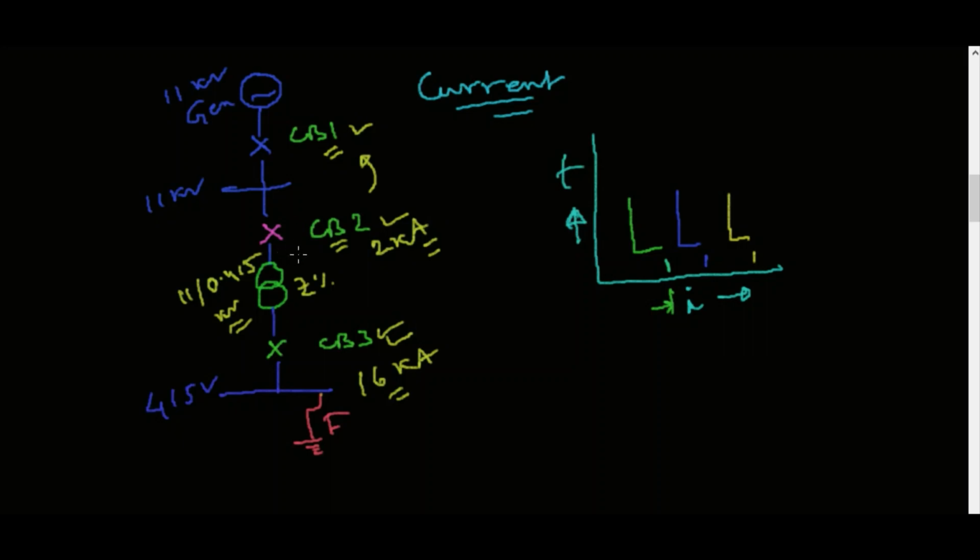Suppose in case of a fault at the transformer primary side, then this fault current will be more. Suppose this fault current is 20 kiloamps.